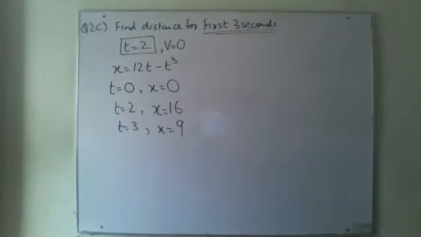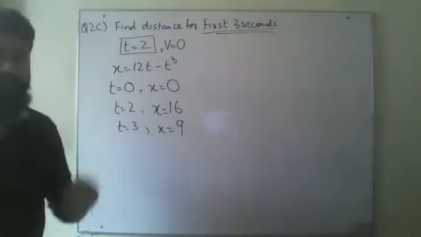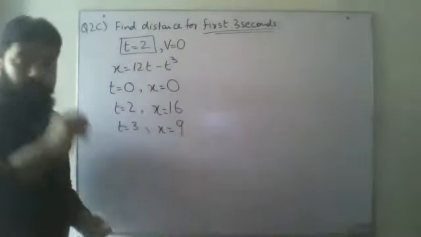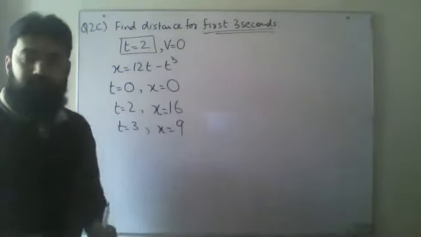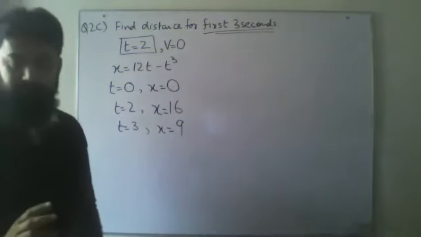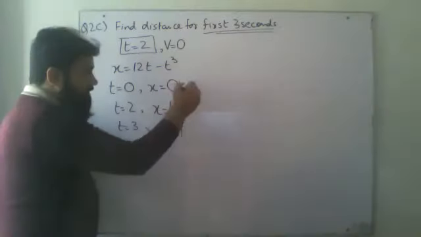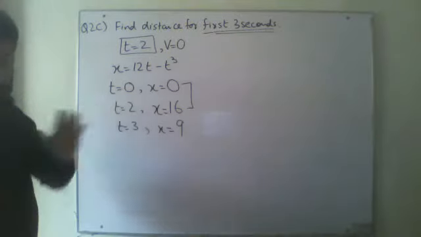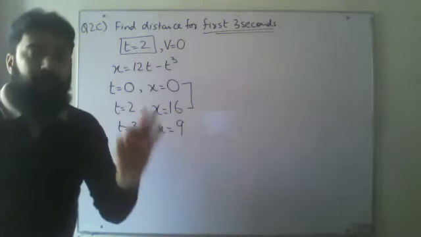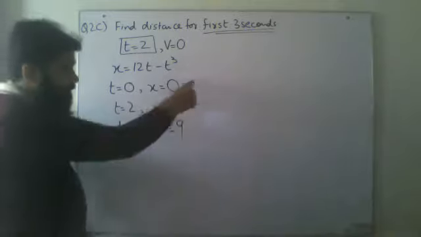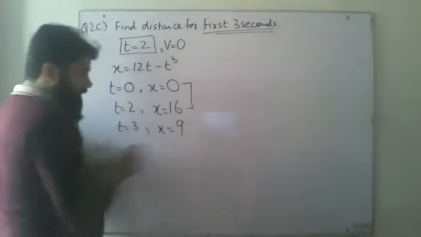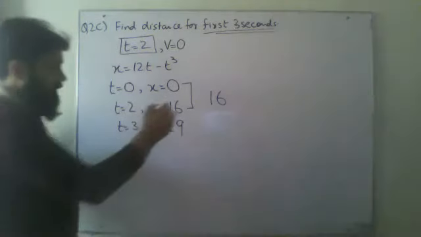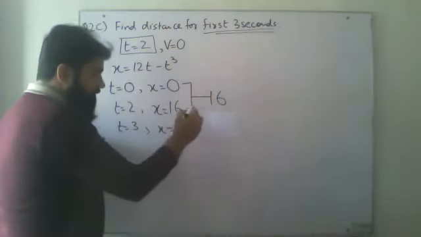Right? How to get the total distance? Very easy trick I am telling you. For each consecutive pair, take out the difference. I am not saying subtract this one by this or this one by this. I am just saying take out the difference. What is the difference between these two? Difference is coming 16. What is the difference between these two?